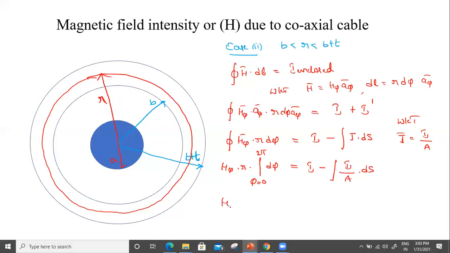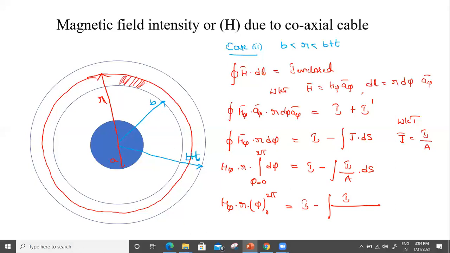If you simplify this, H phi into r into integral of d phi from 0 to 2 pi equals I minus integral of I by A. A is nothing but pi r square, because it is the area of the circle.